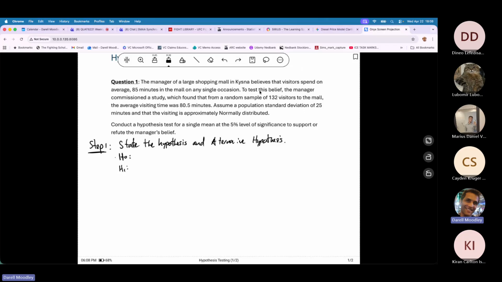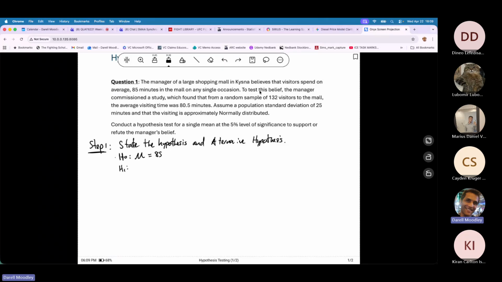All right, so your H0, now remember, if you look at this problem that we're trying to solve, we're trying to test whether this manager's claim is true. So the manager claims that the average is 85 minutes. So the manager doesn't say whether they believe it's more than 85 or less than 85. They believe it is exactly 85. So how we would state that mathematically is mu equals 85.